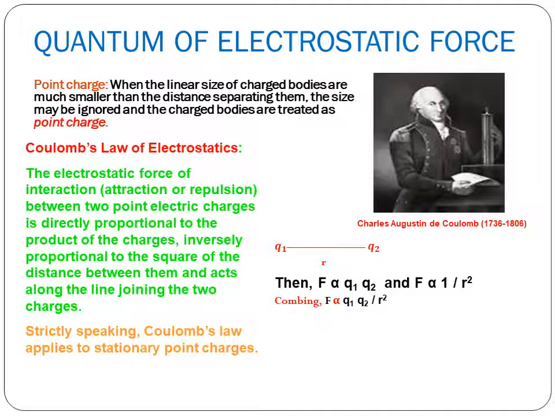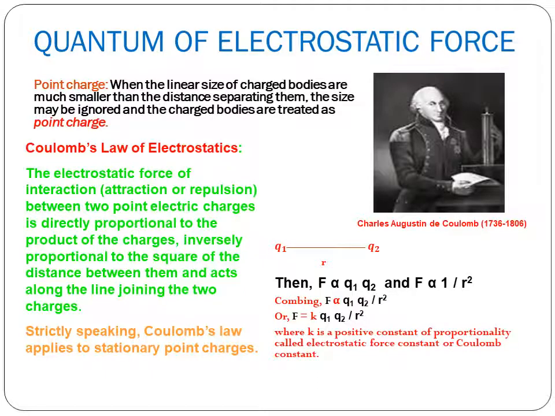If we combine these two, we can say F is proportional to Q1 Q2 by r square, or F equal to K Q1 Q2 by r square, where K is a positive constant of proportionality called electrostatic force constant or Coulomb constant. In vacuum, K equal to 1 by 4 pi epsilon naught, where epsilon naught is the permittivity of free space.